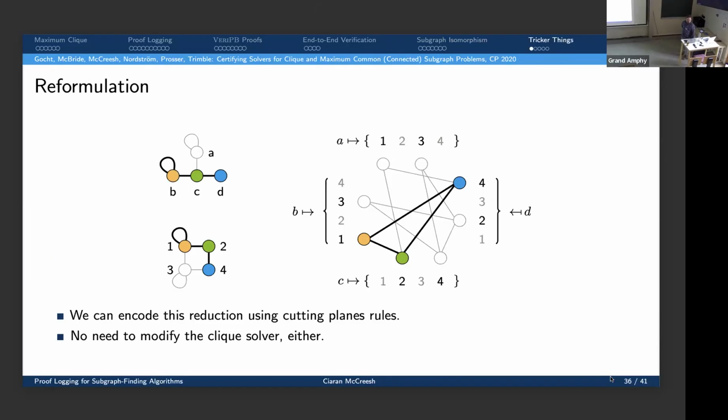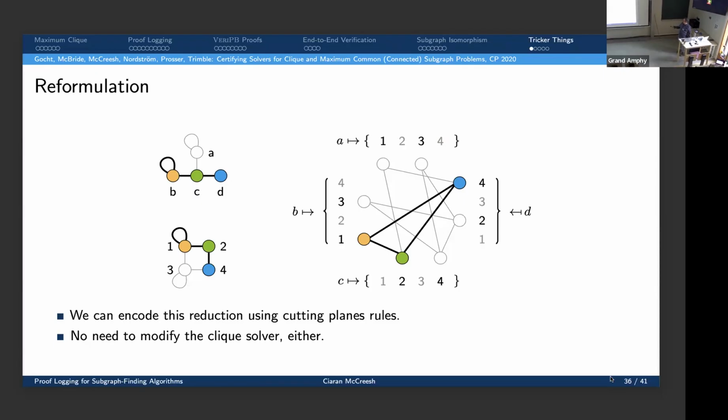Okay, trickier things. There's a problem called maximum common subgraph, which is: what do these two graphs have in common? So give me the biggest graph that is a subgraph of both of these two graphs. It turns out the way you solve this in practice is by reformulating it as a clique problem. So given these two, you somehow product them together to get this graph.